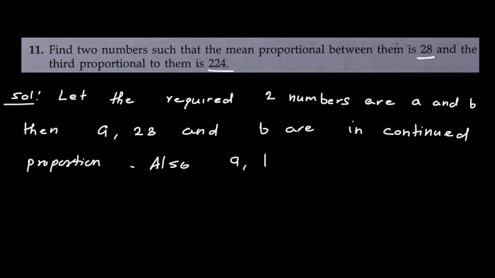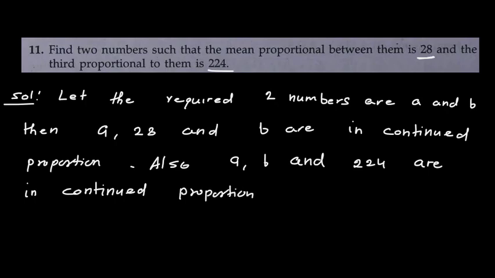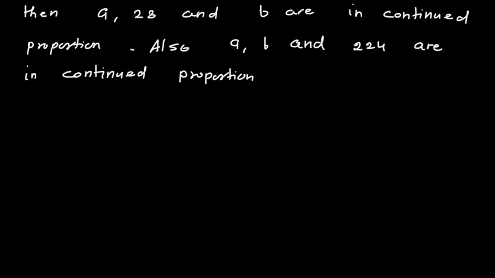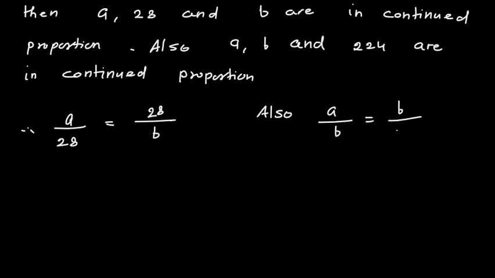Also a, b and 224 are in continued proportion. So from first condition I can say that a divided by 28 is equals to 28 divided by b. Also a divided by b is equals to b divided by 224.